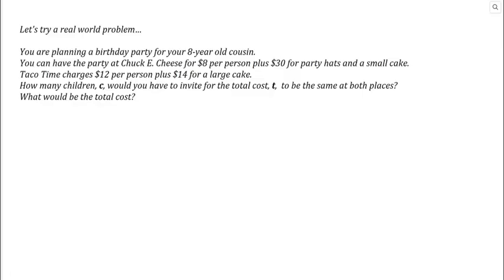Okay, so we've got lots of information here. It's $8 per person plus $30. At Taco Time, it's $12 per person and $14 for the cake. So we can write both of these situations into equations. There we go.